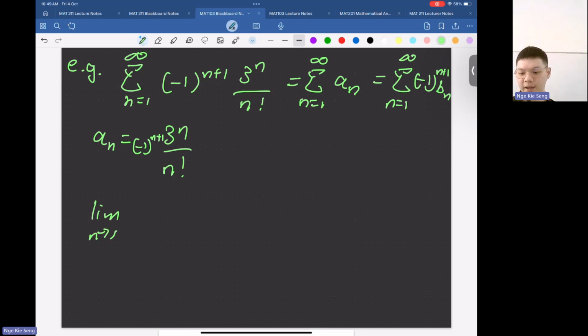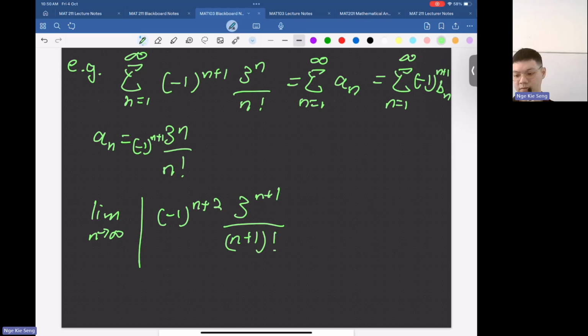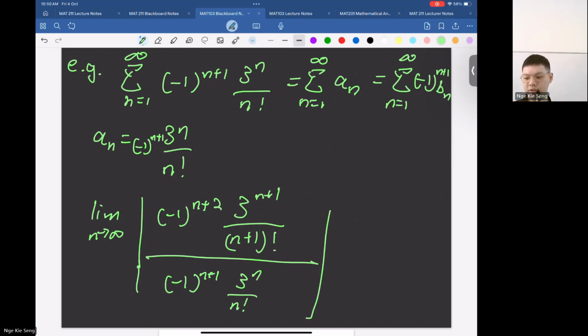So what do you do for the ratio test? You simply compare the an plus 1 term with an. So what's the an plus 1 term here? Minus 1 to the n plus 2, and then 3 to the n plus 1 over n plus 1 factorial, divided by minus 1 to the n plus 1, 3 to the n over n factorial. That's all.